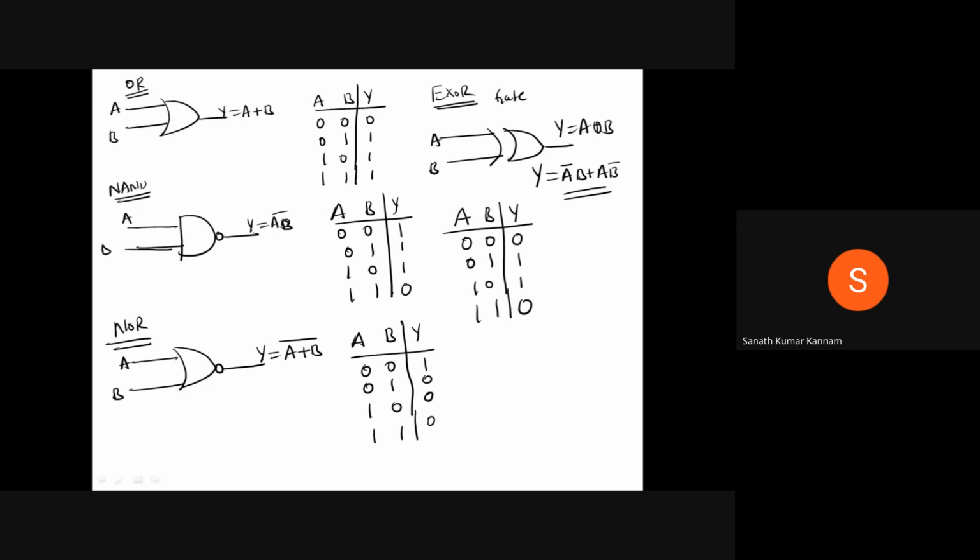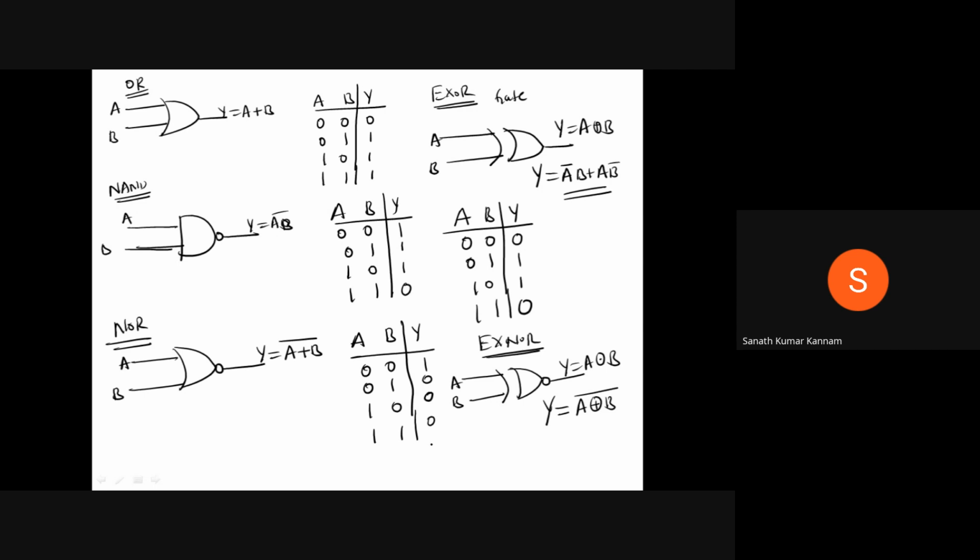And next, the XNOR gate. XNOR is nothing but XOR followed by an inverter. So you have a bubble, A, B, and Y equal to what? This is the symbol: A XNOR B, or Y equal to (A XOR B) whole bar.